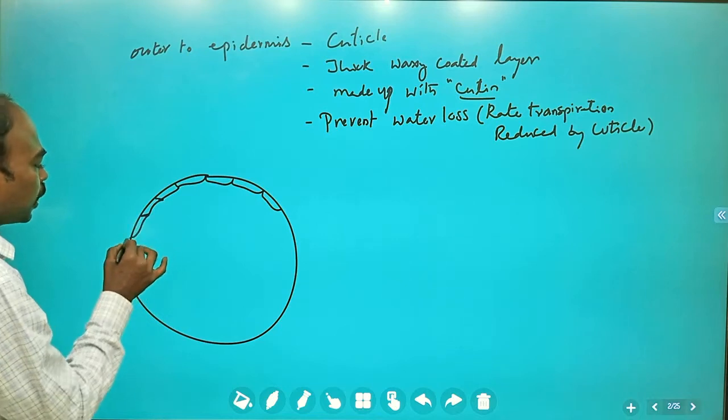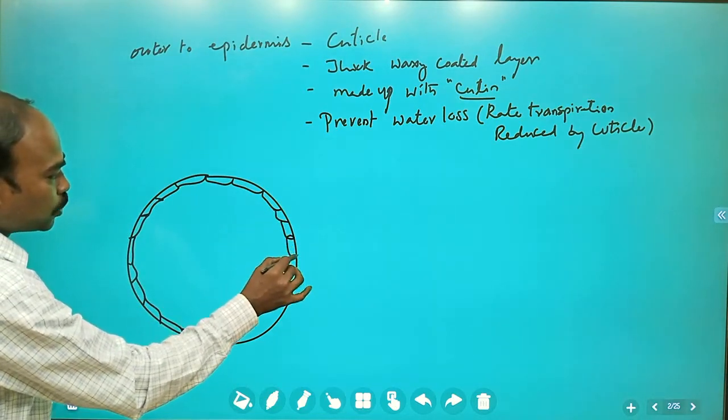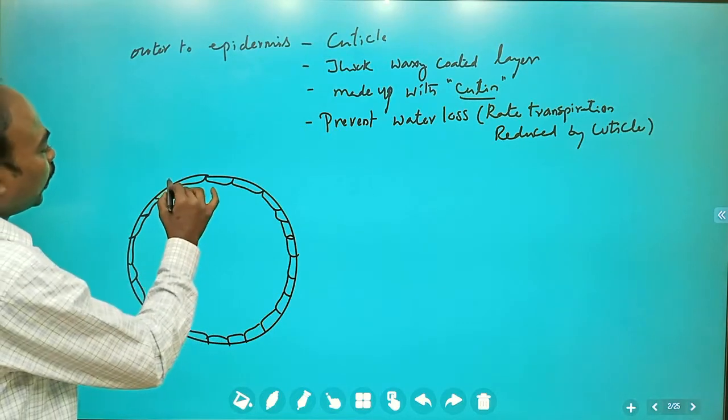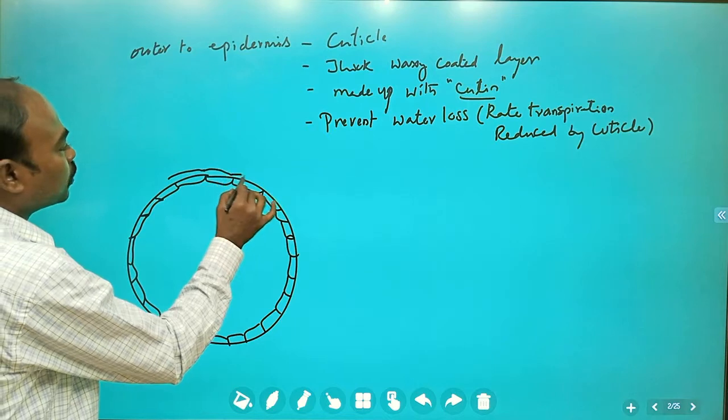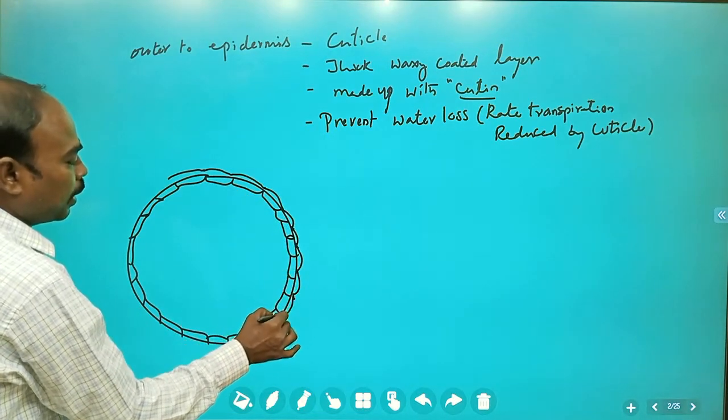Already we drew and explained now. Outer to the epidermis, external to the epidermis, a thick waxy layer. This thick waxy layer is called cuticle.